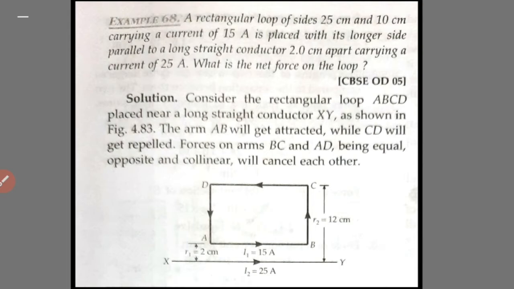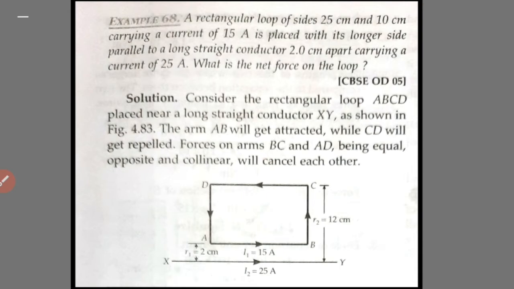So the force between the wire XY and AB will be attractive, and the force between the wire and the side CD will be repulsive, because parallel currents attract each other and anti-parallel currents repel each other. Okay, so now we will see which force is more.